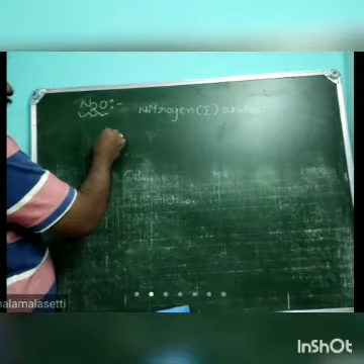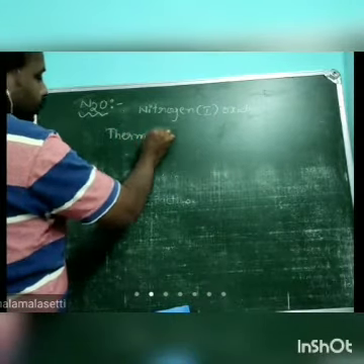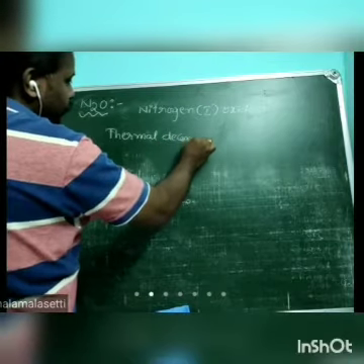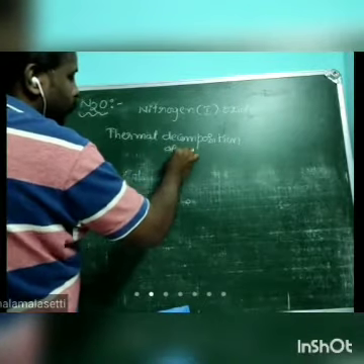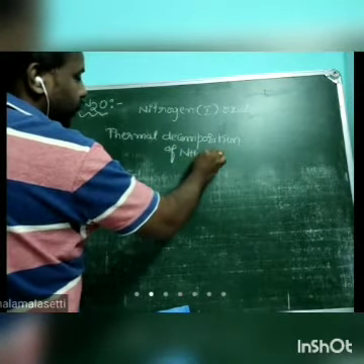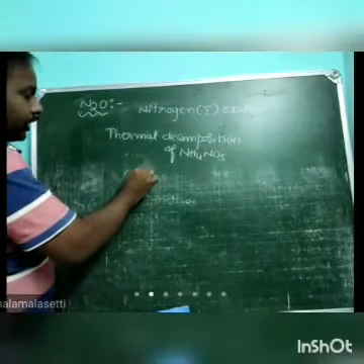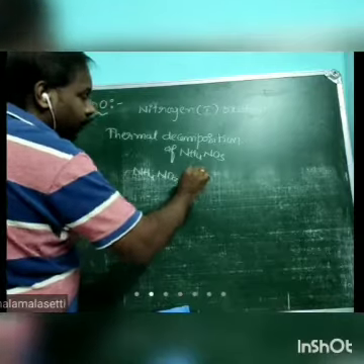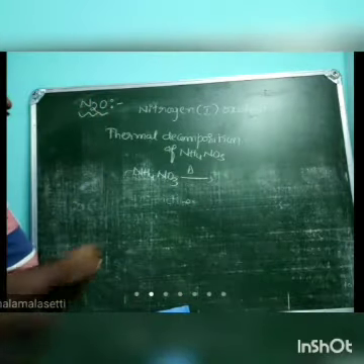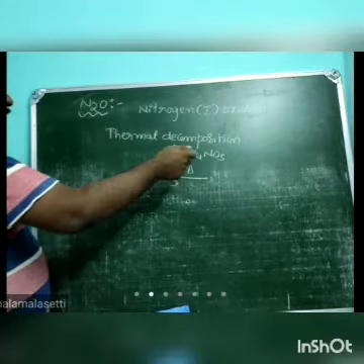It is prepared by thermal decomposition of ammonium nitrate. NO3 always stands for nitrate. NO2 stands for nitrite. So when ammonium nitrate is subjected to heating, remove the possible number of water molecules from this molecule.